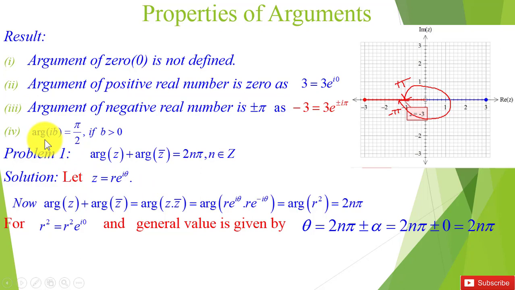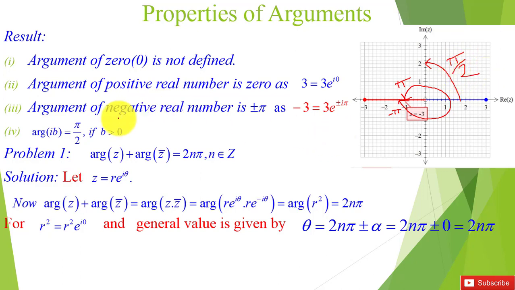Argument of complex number, that is argument of ib is equal to pi by 2 if b is greater than 0. ib means this is along imaginary axis. If b is greater than 0, then ib lies above the x-axis, and this angle gives pi by 2 if b is positive.